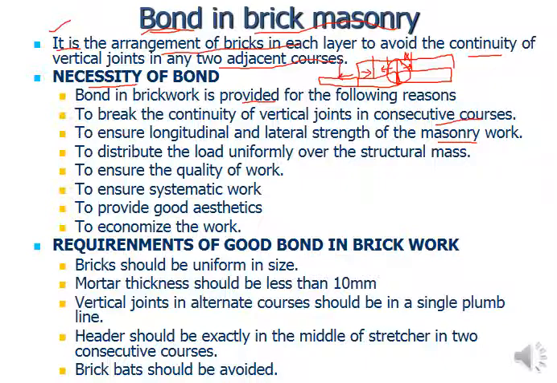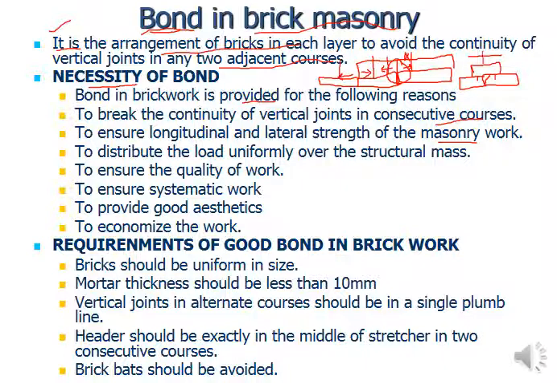That's very important, because suppose you have placed two bricks, and one brick you have placed along the stretcher by dividing its dimension equally on either side, meaning 4.5 on this side and 4.5 on this side.